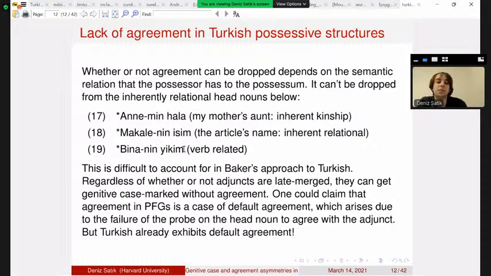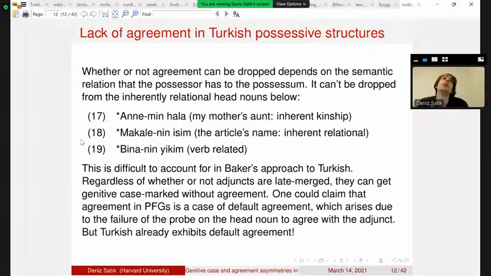These are all really bad, but there is one judgment that I think wasn't so clear in the literature. I guess I can ask you guys that maybe after the talk, but regardless, I think we can all agree that 17 to 19 are bad. And this is very difficult to account for under Baker's approach to Turkish.